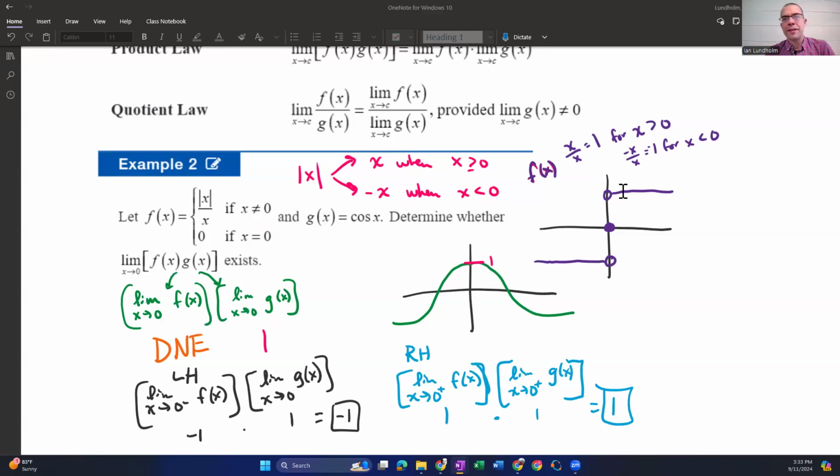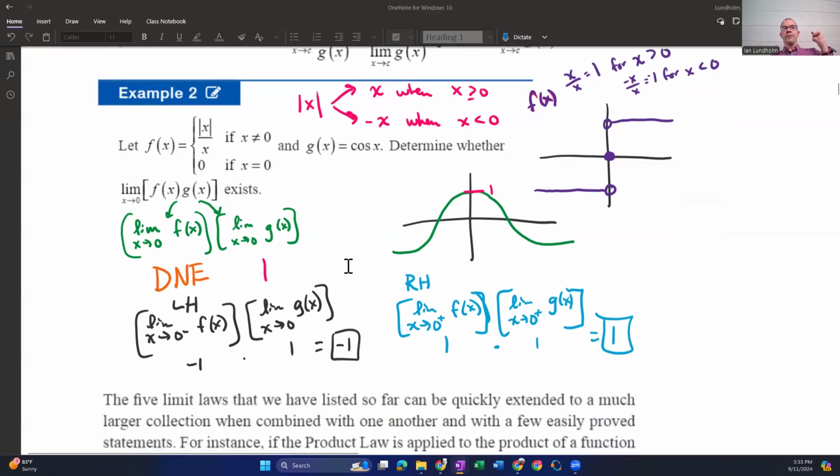So maybe it would be a little bit more proper to look at the left-hand limit and the right-hand limit separately for the entire function and say that those two things are different, so the overall limit doesn't exist. When one of the limits doesn't exist and the other one does, it means that the overall limit doesn't exist.